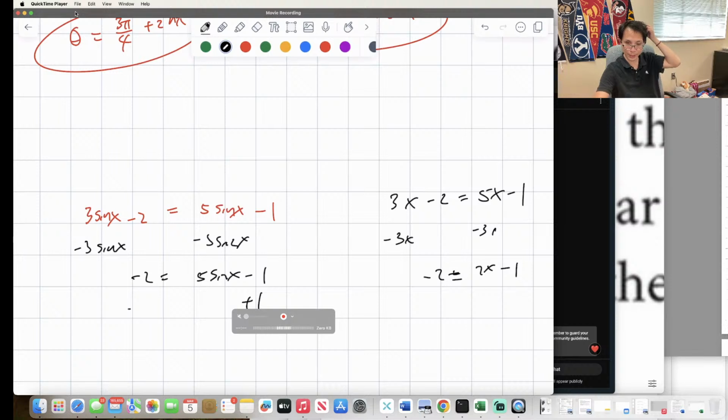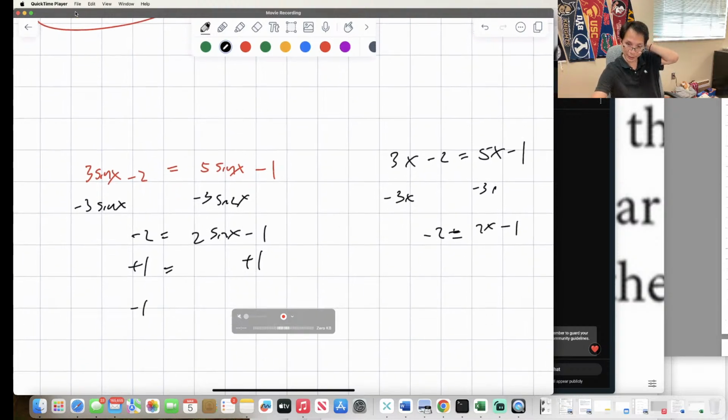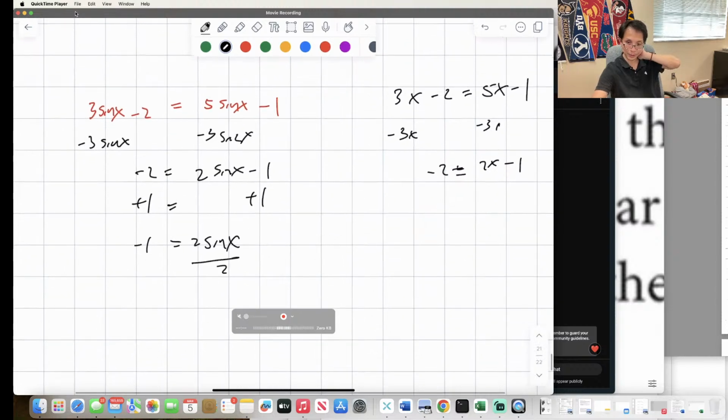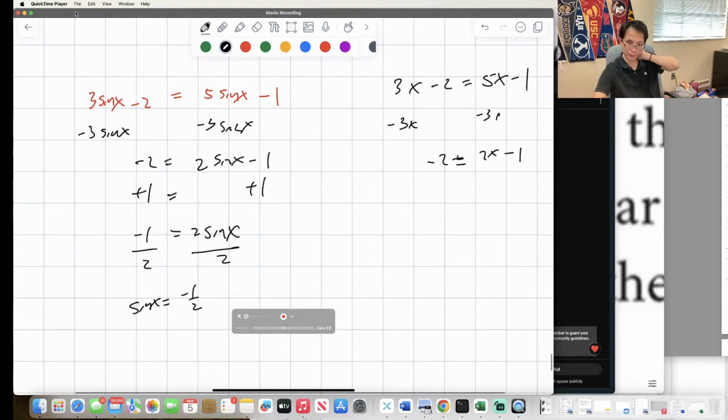Oops, hold on a second. Minus 3, sorry. This is 3 and that's 2. So I'm going to plus 1 on both sides. That gives you negative 1 equal to 2 sine of x. And I'm going to divide by 2 on both sides. So that's sine of x equal to negative 1/2.